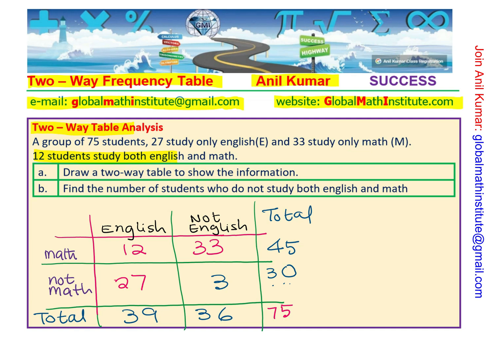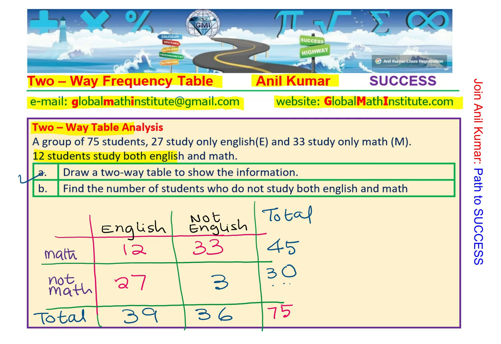It matches, right? Once you make this two-way table, you can also appreciate why it is a two-way frequency table, since we have numbers in it. The number of students taking math and English is 12, like this. So we've done the first part, which is drawing the two-way table to show the information.